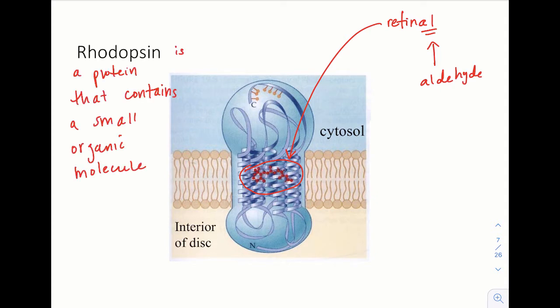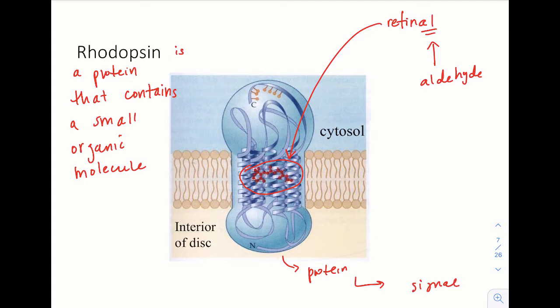So as we'll see, retinal interacts with light and undergoes a change in its conformation, which then causes rhodopsin to undergo a change in its conformation. This big old protein undergoes a change in its conformation, and then that's going to interact with another protein, and a bunch of biology stuff is going to happen, and then there's going to be the signal to the brain.